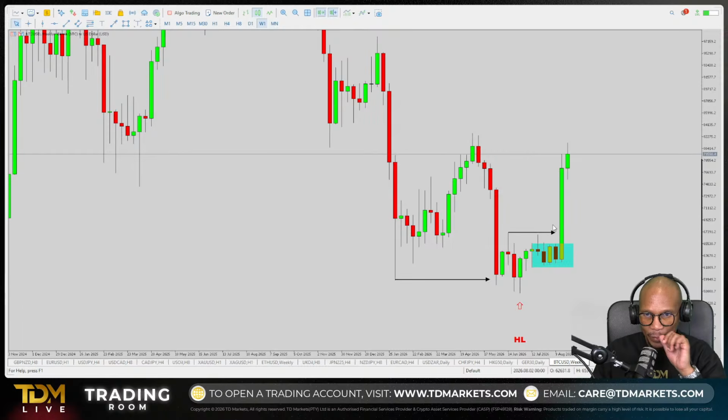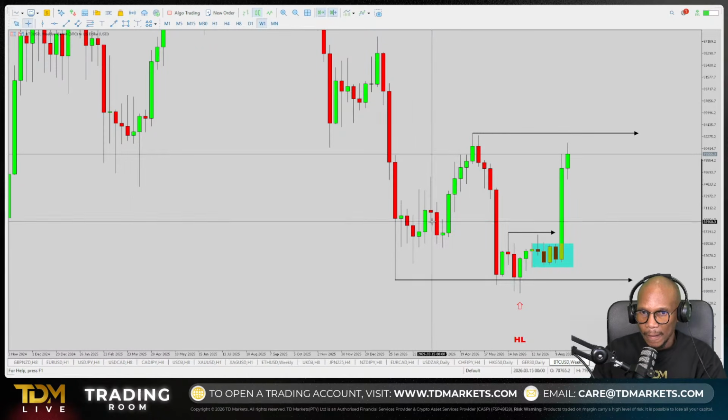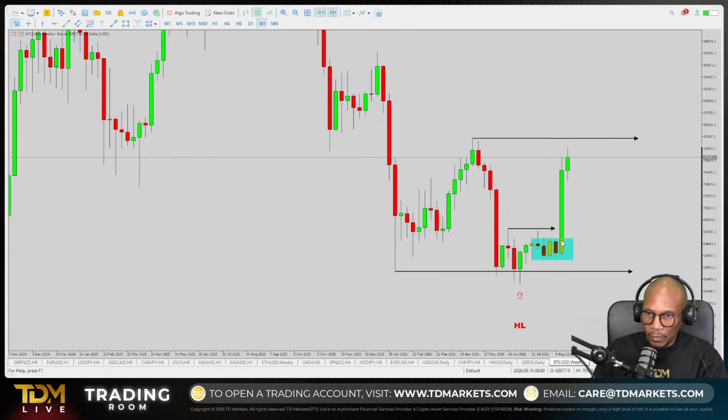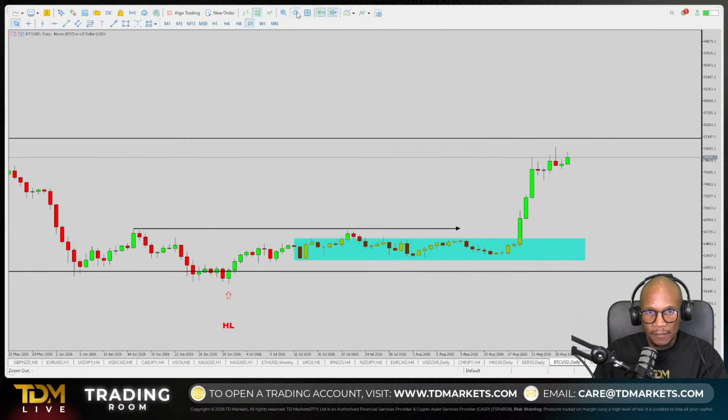So now price is trading in between this low and this high, if we only consider this structure we're looking at now. So momentum is still bullish at the moment.